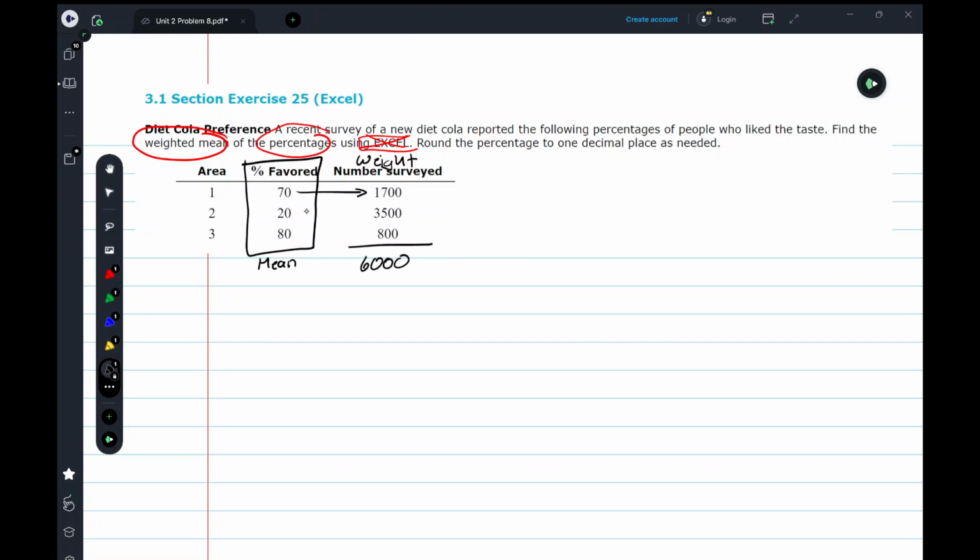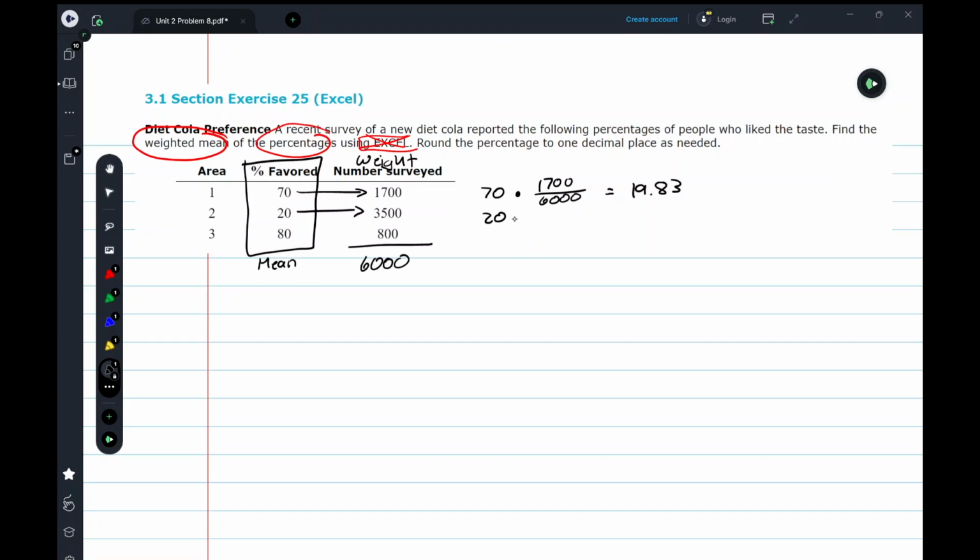For each of these rows, we take what we're finding the mean of, so that's 70, and we multiply it by the weighted portion, 1,700, divided by the total number surveyed. If I do that, I end up with 19.83. And then I simply do that with the remaining values in the column that I'm finding the mean of.